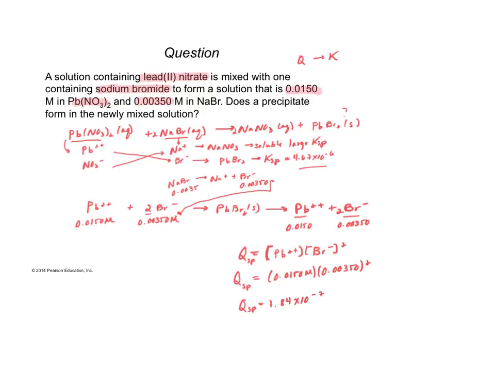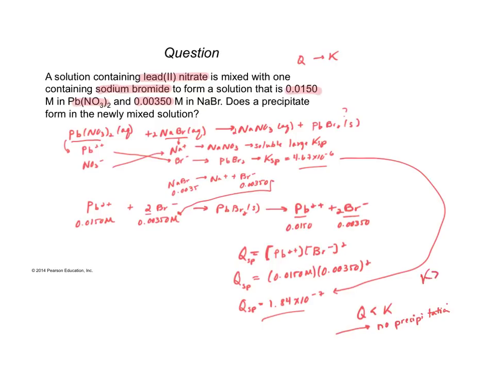Okay, so when I compare this back to my KSP, I will find that Q at this point in time is less than my value for K, right? So what that means is that we will not see precipitation because we can still add more of our 2 ions before we ever see this guy shift to the left and make solid, okay? So because Q is less than K, there's no precipitation.